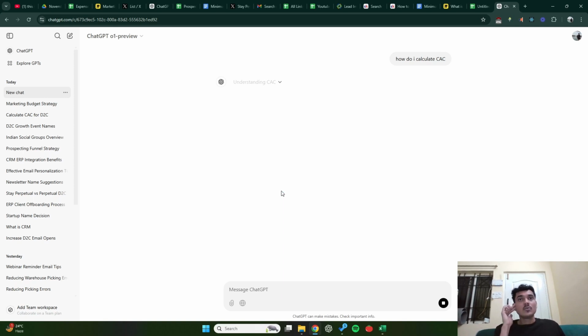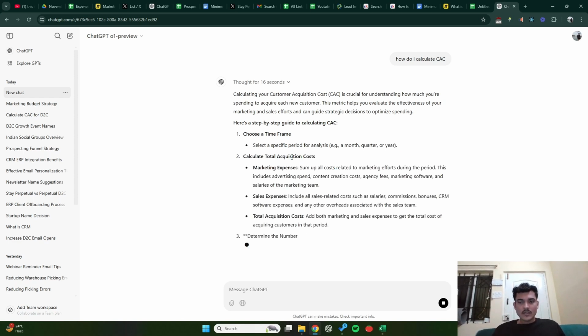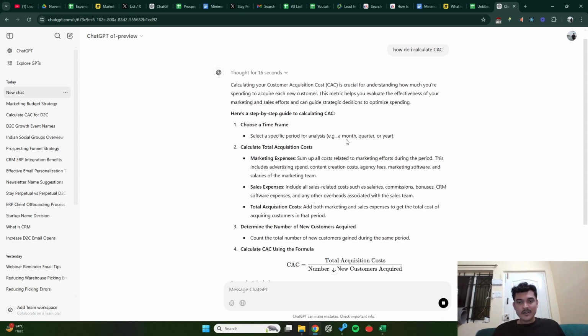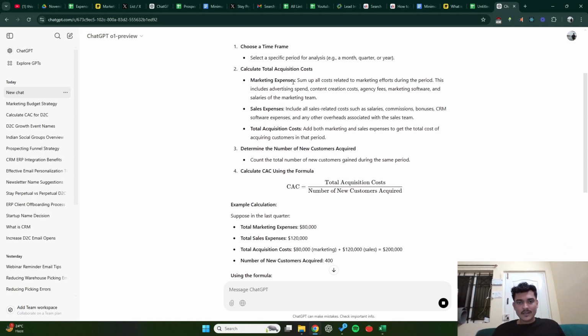You calculate it based on a particular period. Here you can see they are choosing a time frame, a month, quarter, or year, and then the marketing expense, the sales expense, and the total acquisition cost. CAC is equal to total acquisition cost divided by the number of new customers acquired. The total acquisition cost is the marketing expense plus the sales expense.